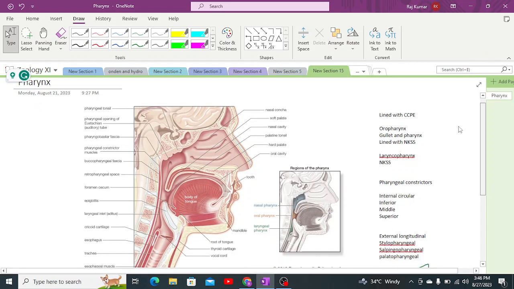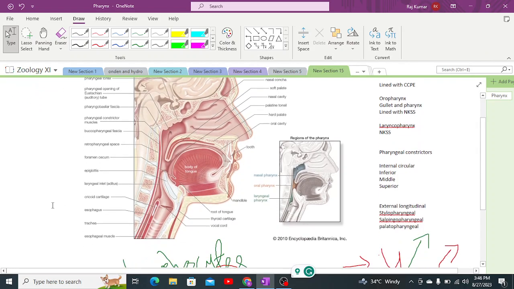So, this is the foramen cecum. We can further check out the anatomy of this part.